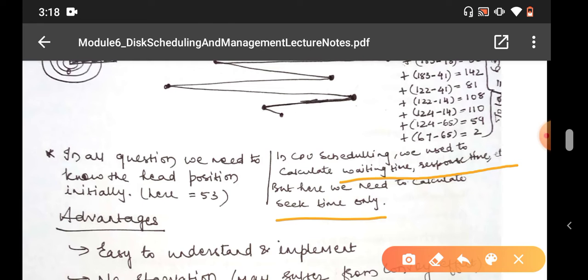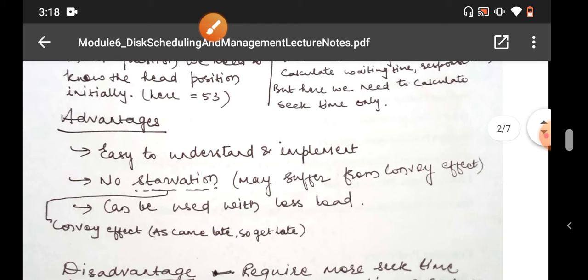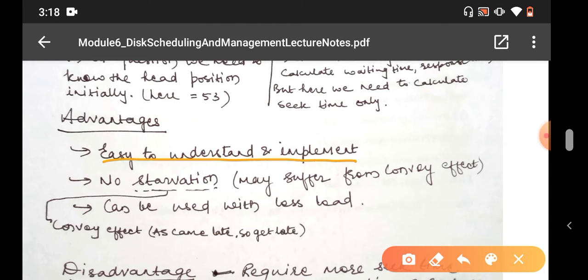Now one advantage of FCFS is that it is very simple and easy to understand. Now no starvation: we are speaking from the point of view of the convoy effect. Convoy effect means whosoever comes first, its request will be served. So if the request comes late and then we say no, I am not being allocated this disk, that is not at all a problem of FCFS.